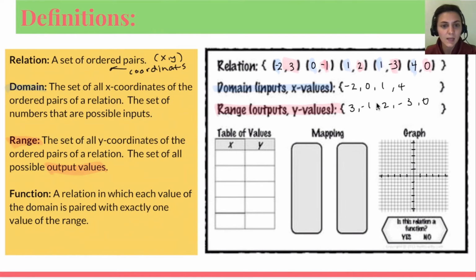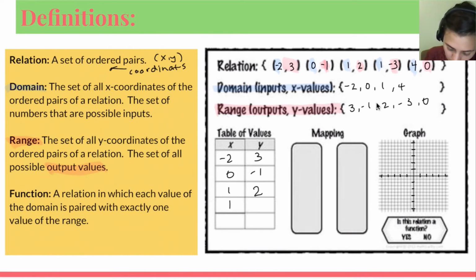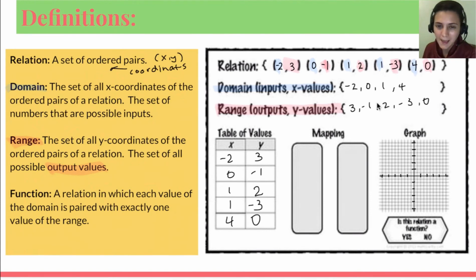And then at the bottom, we just have multiple representations of what these could look like. So my x, I'm just going to put my coordinates into the table of values. I don't know if you've done mapping in a while. We're not going to do this too much in the class, but it's going to help me know whether these are a function.